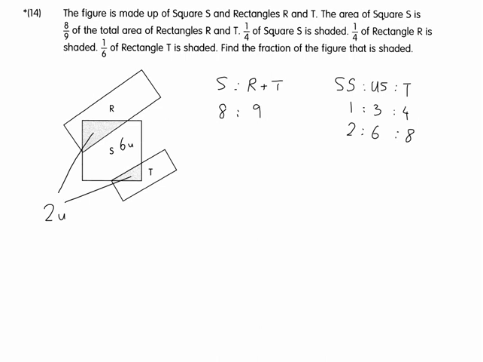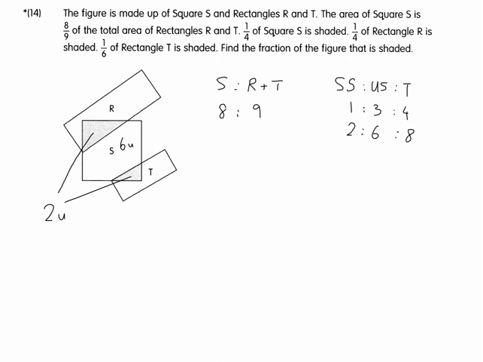So, just to summarize, just in case. The total number of units for the 3 separate shapes is 17 units, right? Now, from this step, I know that the shaded part is 2 units. Am I right or wrong? So from the 17 units, I minus 2 units, and I know that the total area of the figure is 15 units.